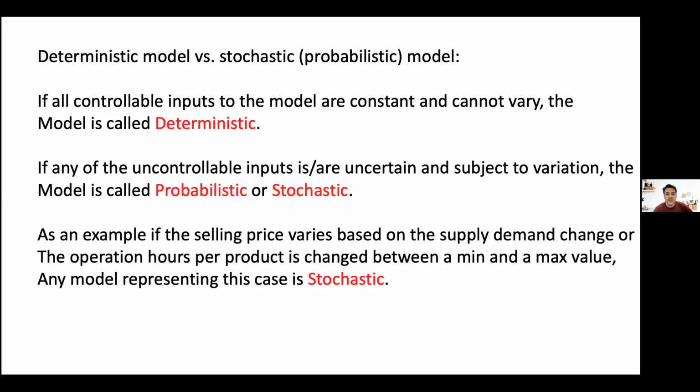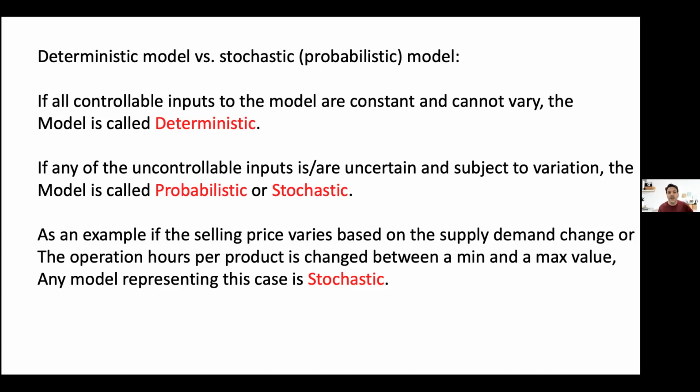The first one, deterministic, are the ones where we know the numbers, we know the information, the input data, they are fixed. They're not going to change. Everything is known. We know that the selling price is going to be that, the variable cost is going to be that. We have some constant numbers. And if you have that kind of situation, that would be deterministic modeling.